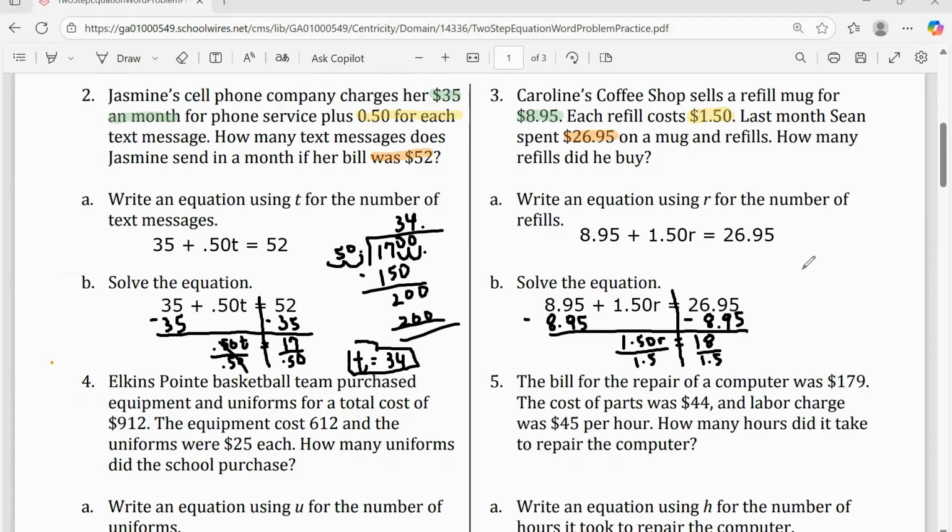All right, let's try that again just for some practice. So if I have 18 divided by 1.5, okay, remember, got to change that number that you're dividing by to a whole number.